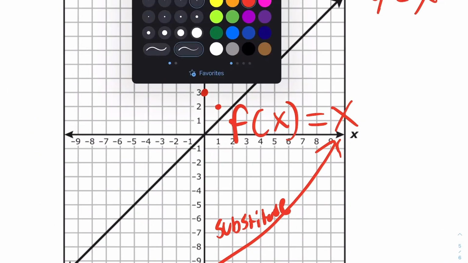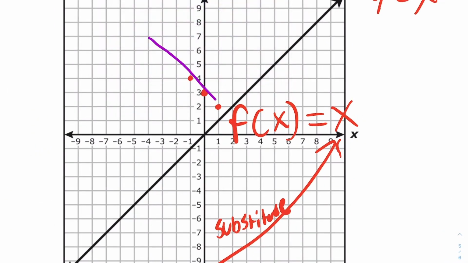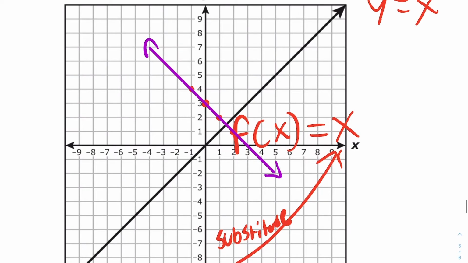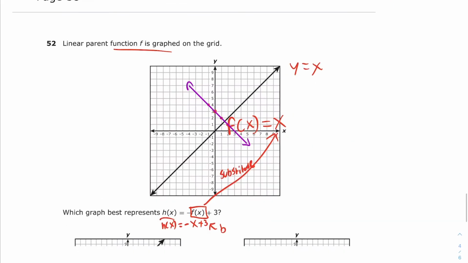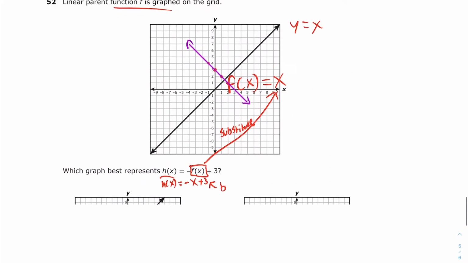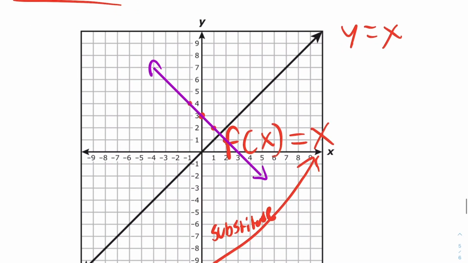So let's just connect those dots with a line, and we'll already be at our answer. That wasn't so bad. It was going to give you the graphs below, but I cut them all out because it's too easy. Graphing is easy, and you've practiced a lot.